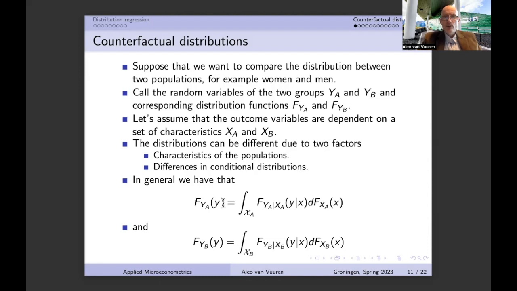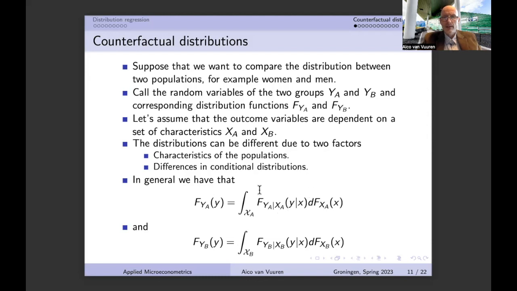This is actually quite intuitive. What you should realize is that this says nothing else than that the distribution function in any y that we have over here can be calculated as the weighted average of these conditional distributions.